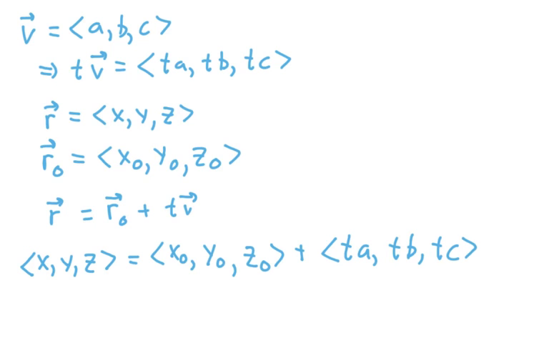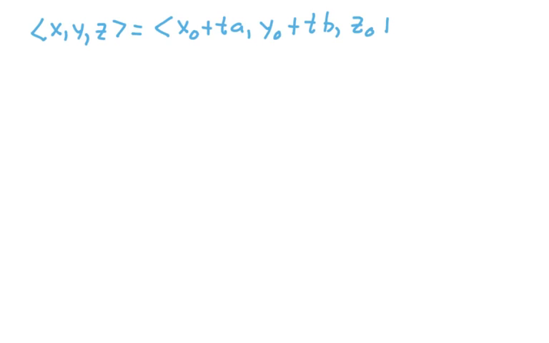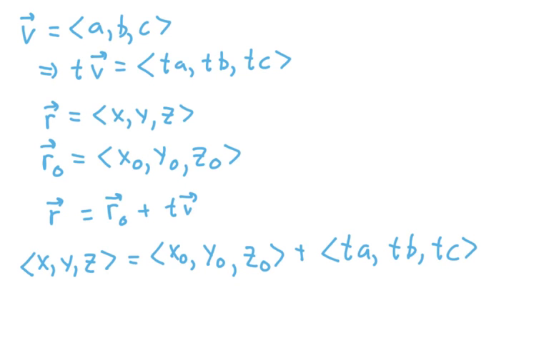Now, let's go to the next page. So we have (x, y, z) equal to (x naught plus ta, y naught plus tb, z naught plus tc). I just combined the vectors on the right-hand side of the equation, and you combine vectors by adding their respective components.